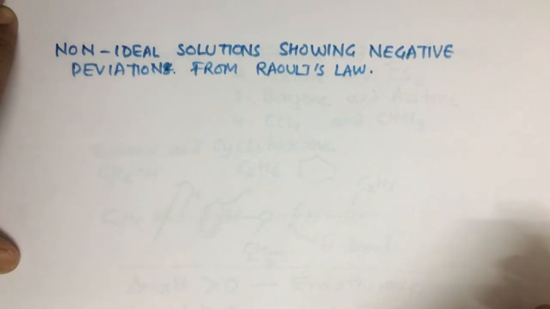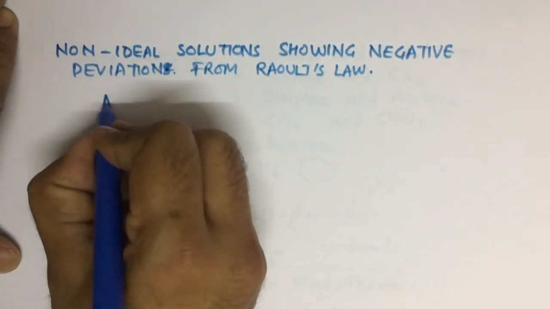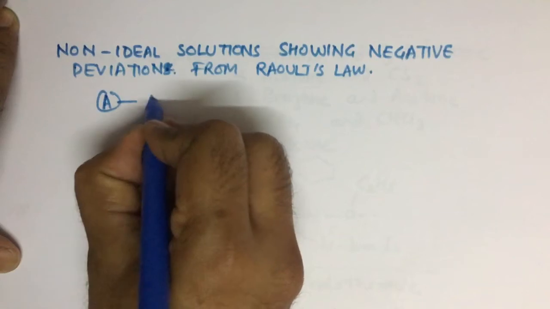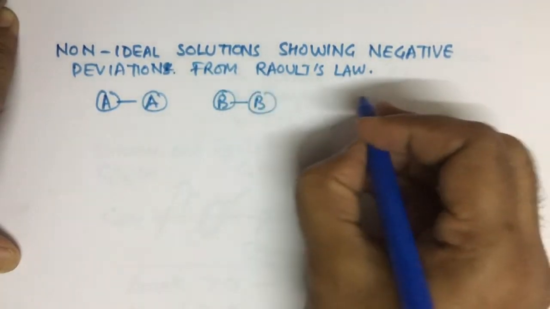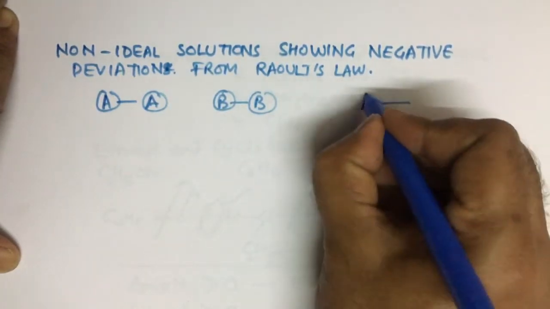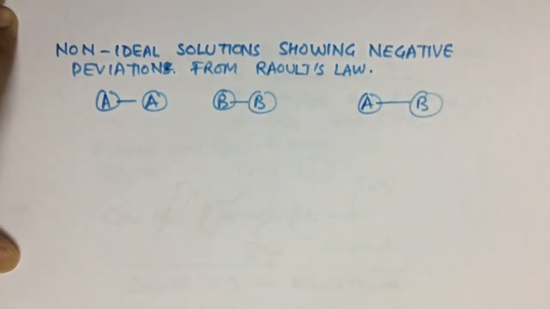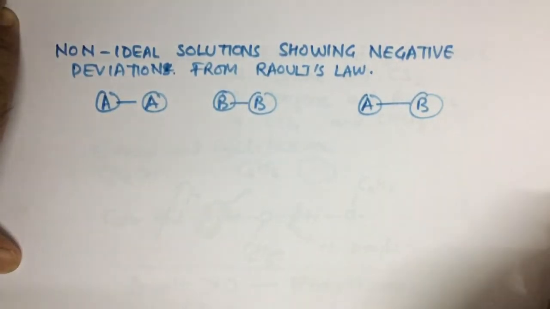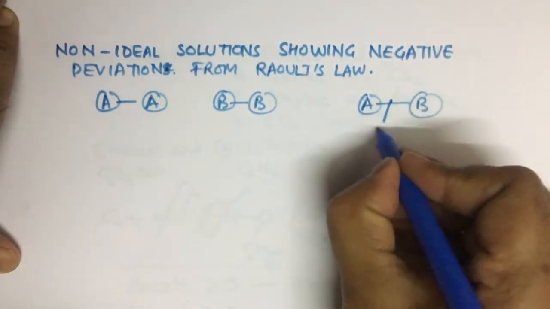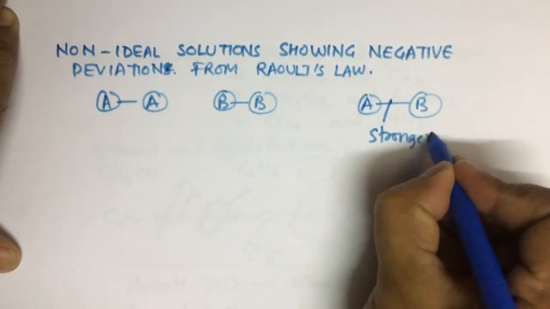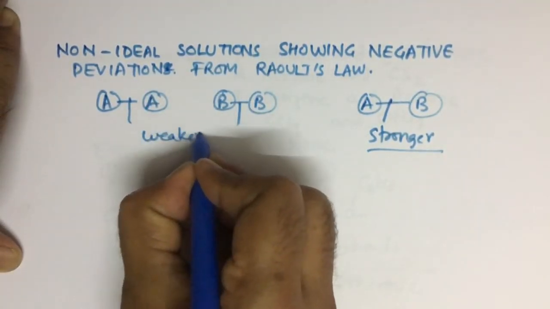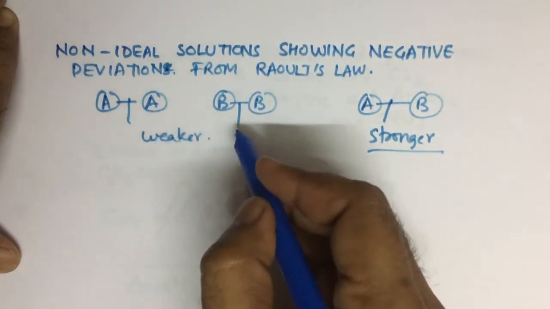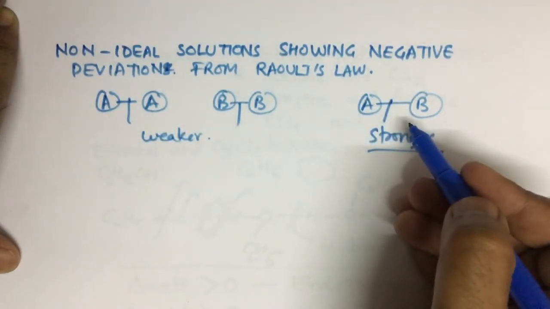Now in the solution showing negative deviation, we have interactions between the pure components, AA, BB, and when they mix they form a solution, there is AB type of interaction. In the solutions showing negative deviation from Raoult's law, AB interactions are stronger and AA and BB interactions are weaker. So weak bonds are broken down and strong bonds are formed.